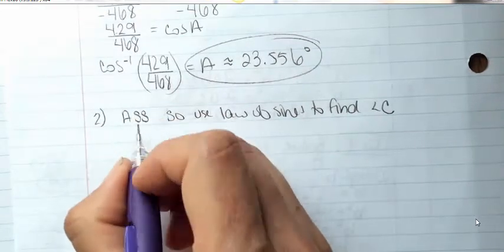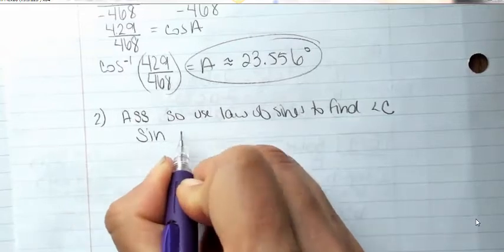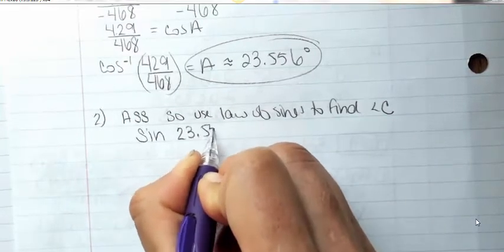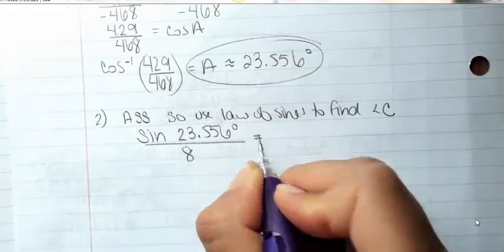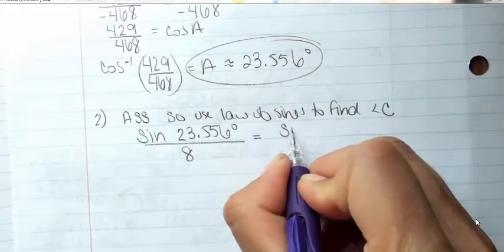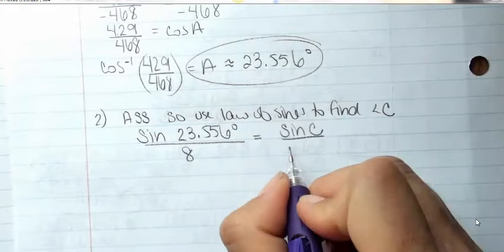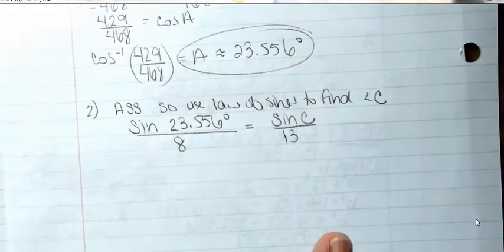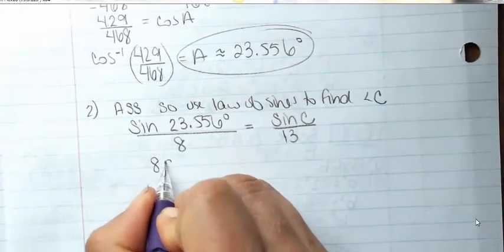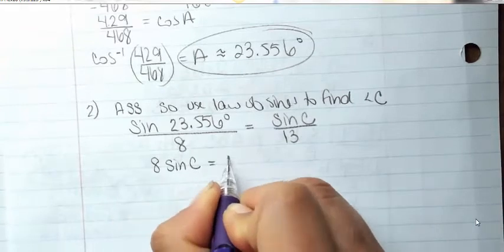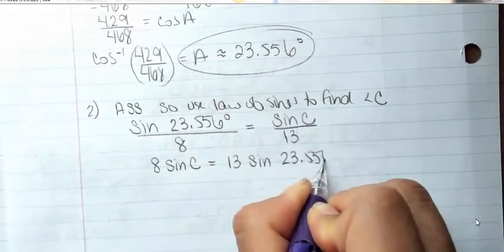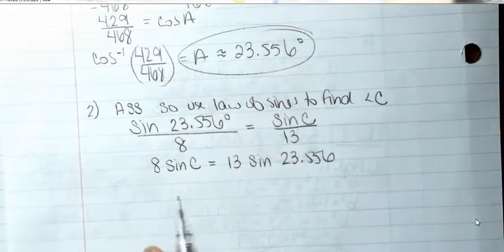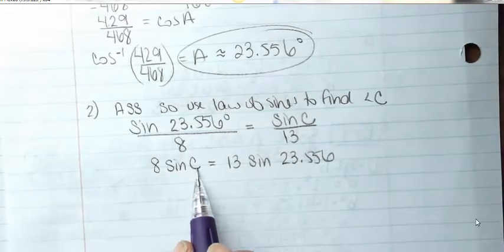So I said law of sines, so I'm going to do sine of A, which is sine of 23.556 degrees, over side A, which is 8, equals, and then sine of C, which I don't know, over 13. Then I'll cross multiply, so I'll get 8 sine of C equals 13 sine of 23.556. Okay, and now my goal here is to get C by itself.